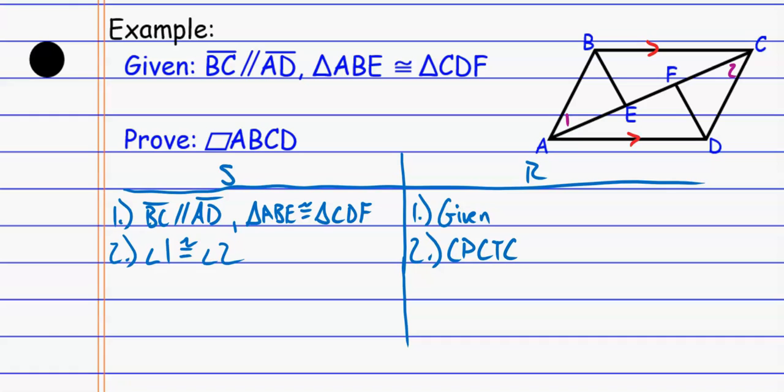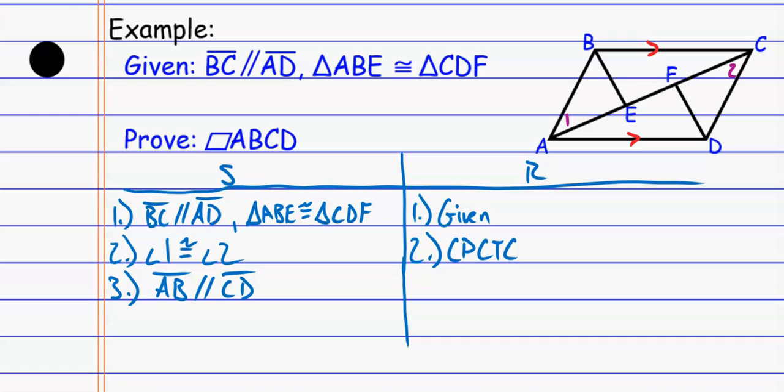And now from here, if those two angles are congruent, again, if you think of AC as the transversal, well, 1 and 2 are alternate interior angles for lines AB and CD. So I can immediately say that AB is parallel to CD.